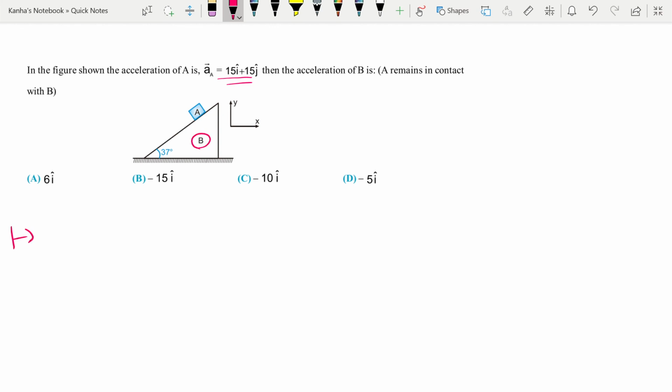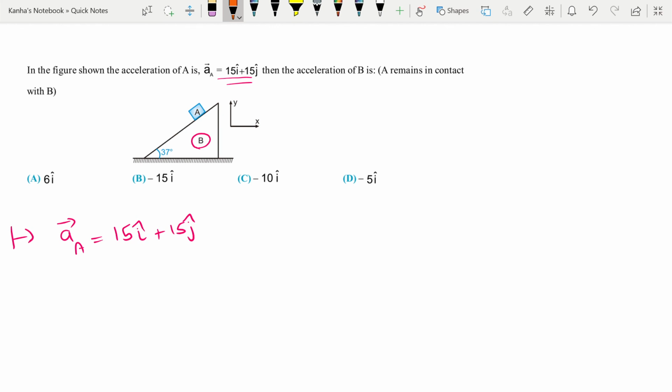So let's just write what is given to us. My acceleration of A is equal to 15 i cap plus 15 j cap. Now I'm going to mention something and you should make a note of it.